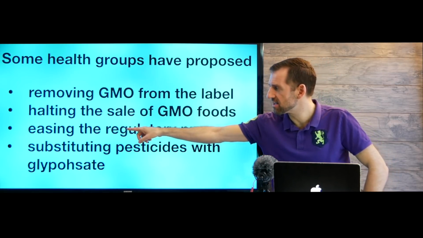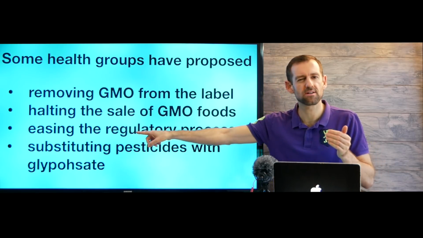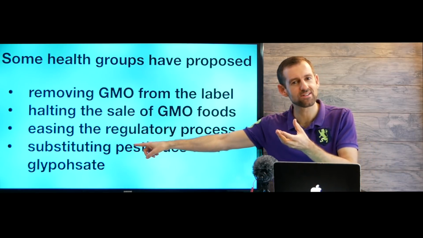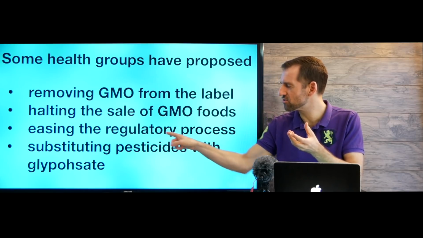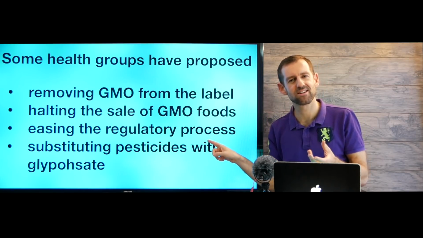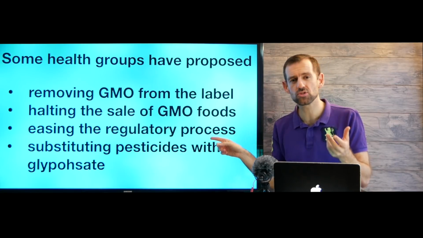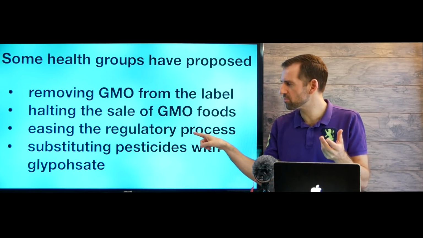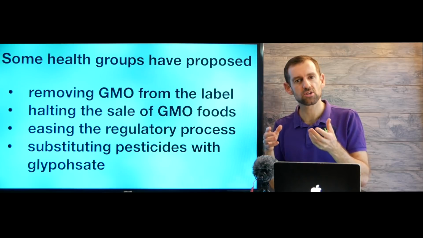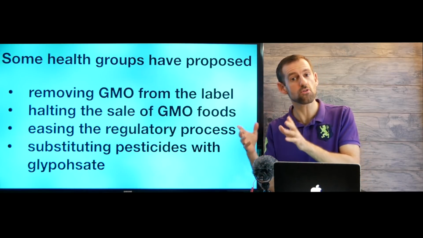Now, easing. Easing means to make easier. Do they want to ease the regulatory process? Do they want to make it easier? No, it didn't say that. They're concerned that the regulatory process is not good enough. It's not thorough enough.